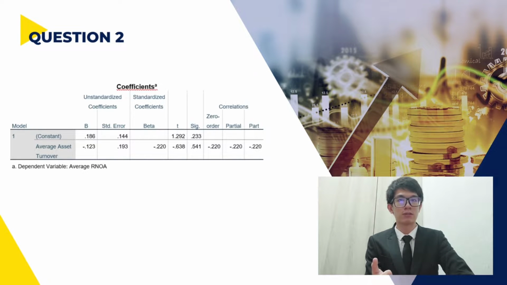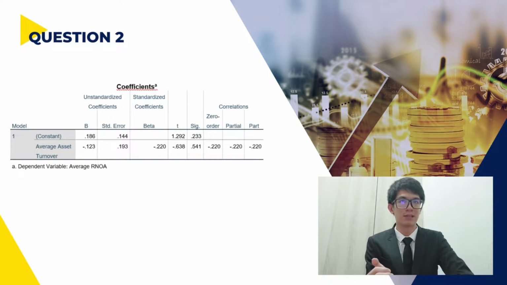For question 2, if you look at the regression analysis table above, we can see it is a comparison between the average RNOA and the average asset turnover. As we can see, the average asset turnover is negatively correlated with the average RNOA, as shown in the unstandardized coefficient section.